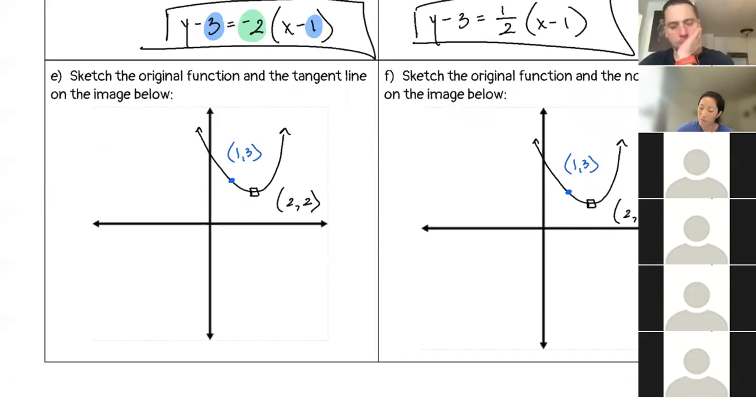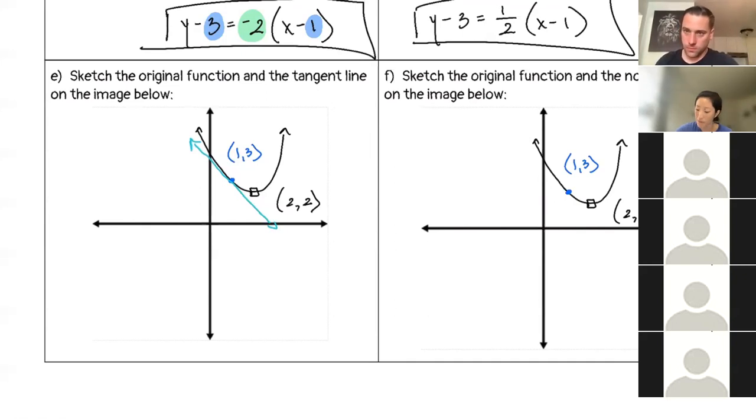If I want to draw the tangent line, all I'm going to do is draw a line that touches the curve in one place, sort of follows the slope of the curve. Exactly. Follows the curve of the graph, touches the curve at 1, 0.